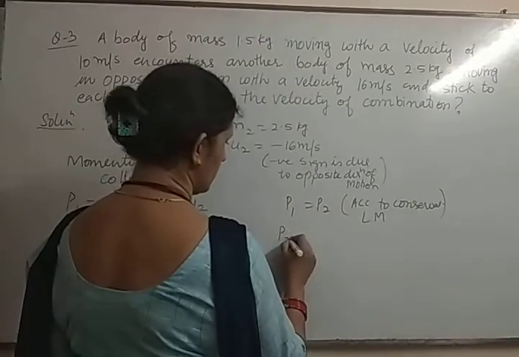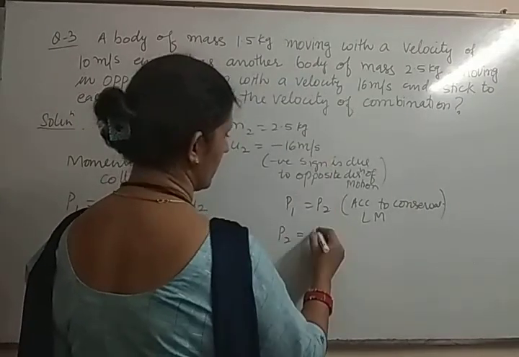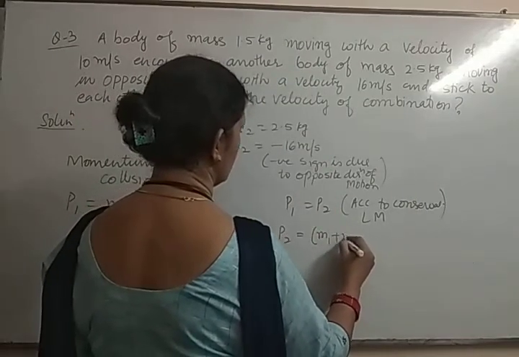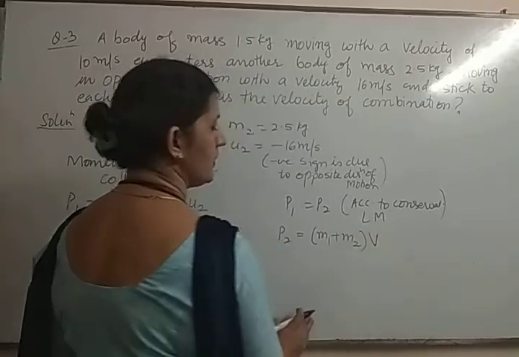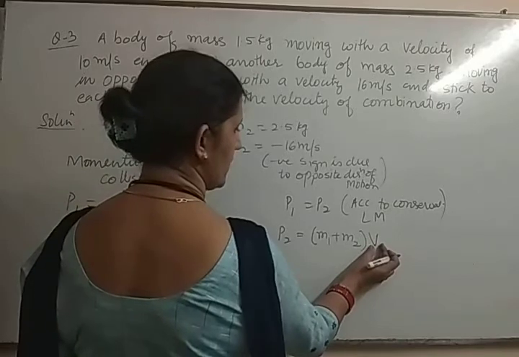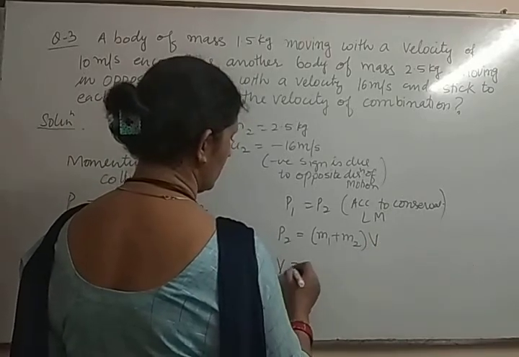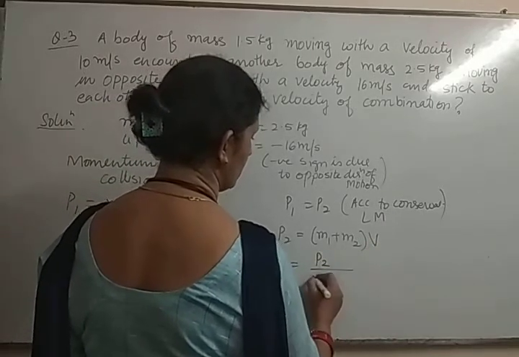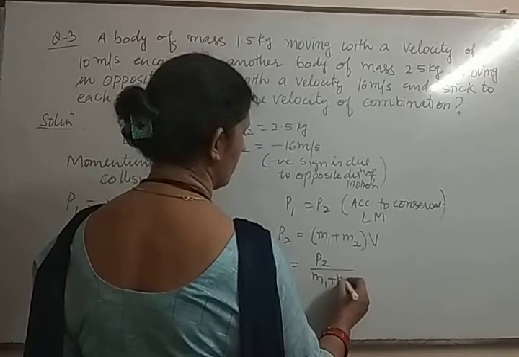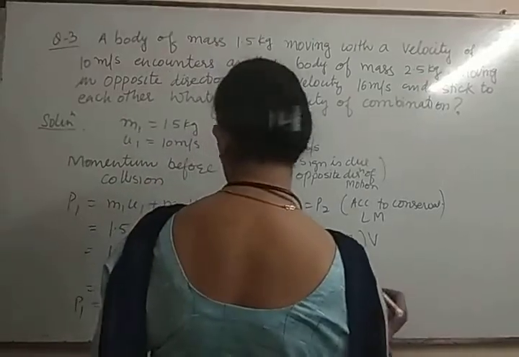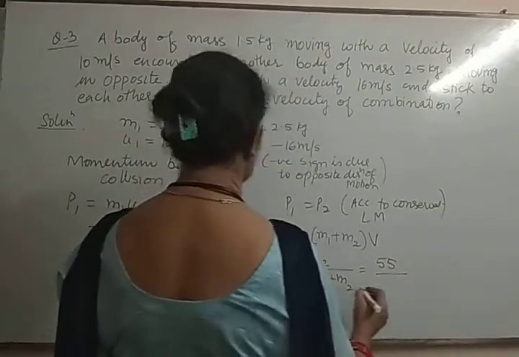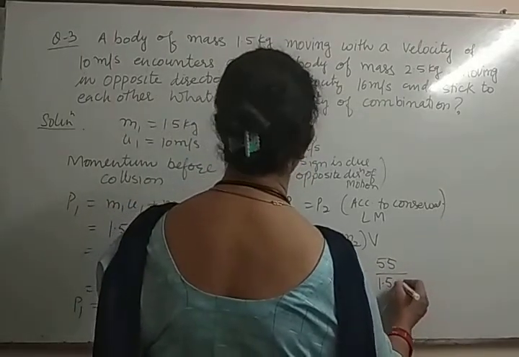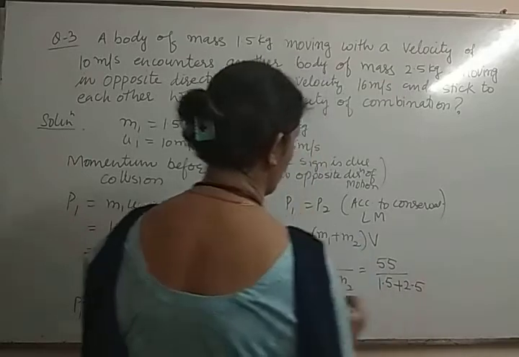And what is P2? Both masses stick together, so this is m1 plus m2. When they stick together, they move with a common velocity, and you have to find this common velocity. V is equal to P2 divided by (m1 plus m2). What is P2 here? This is 55. m1 is 1.5 plus m2 is 2.5.